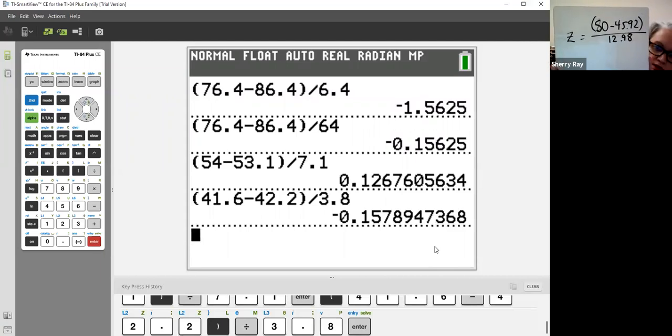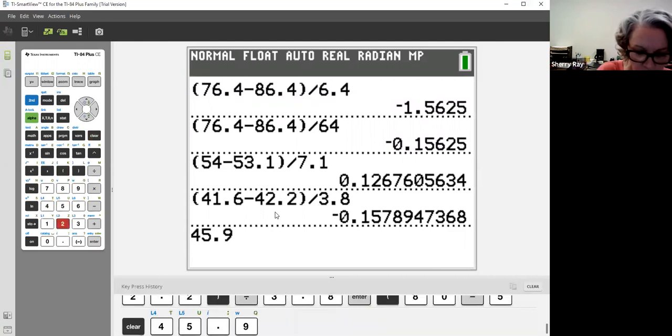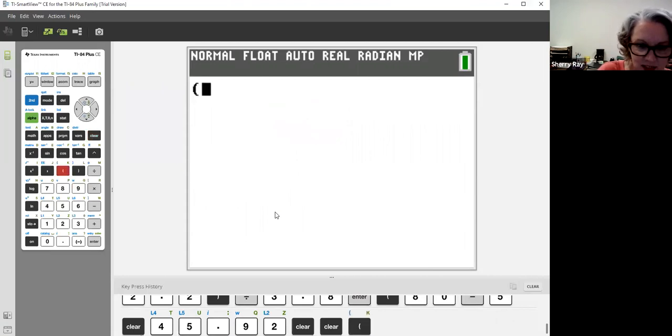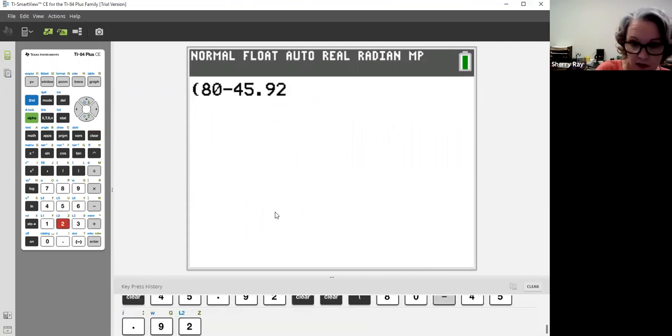So 80 minus 45.92. Oh, shoot. Start over. 80 minus 45.92. Close my parentheses.